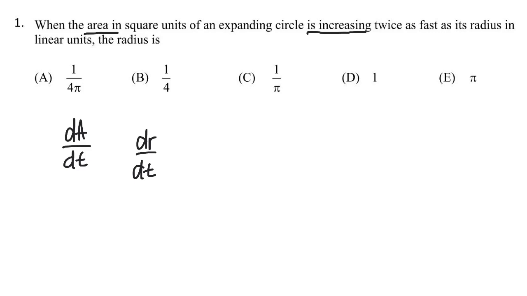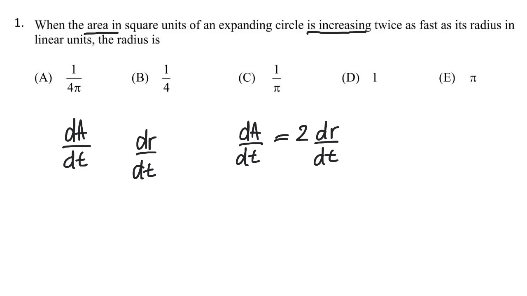And notice it's really telling us a relationship between the rate of change of the area and the rate of change of the radius. It's telling us that the rate at which the area is increasing is twice as fast as the rate of change of the radius. So really, I know that dA over dt is equal to twice the rate that the radius is changing.